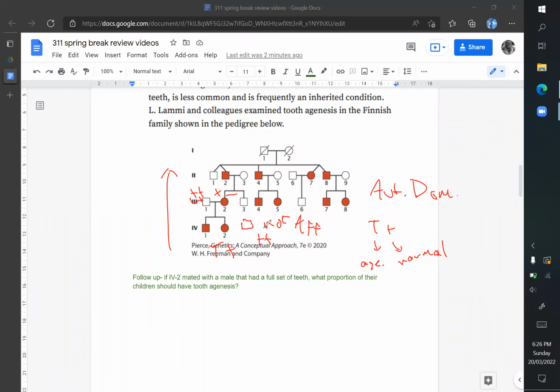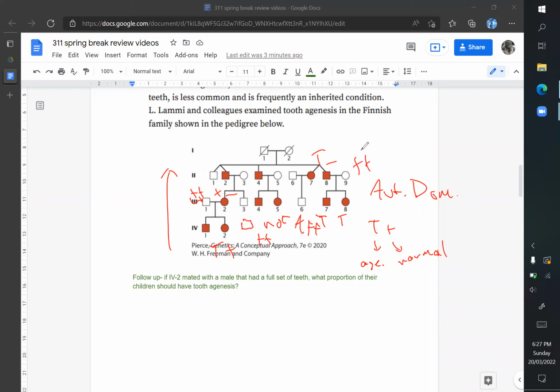So, for example, this individual is affected, so they have at least one affected allele. We know this for sure in the case of both 3-7 and 3-8. And so their parents have one affected, or they are affected, so they also have to have at least one affected allele. But this individual is entirely unaffected from this dominant trait, so they have to be homozygous recessive.